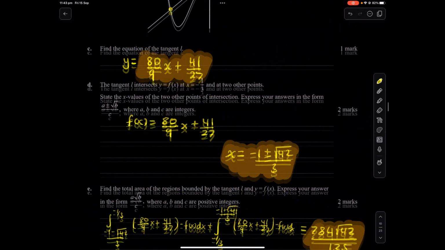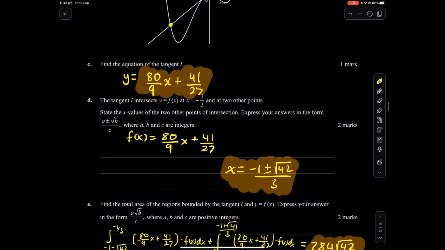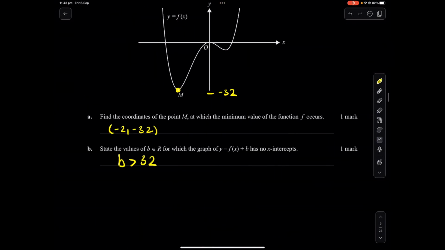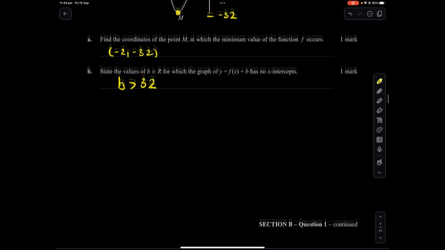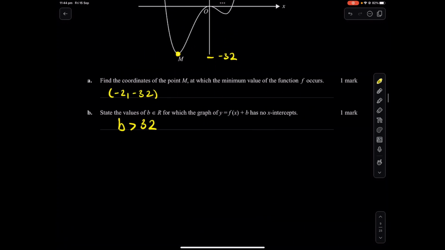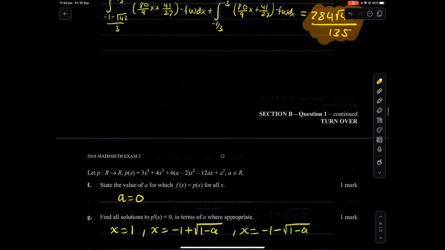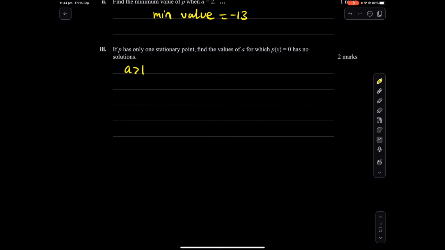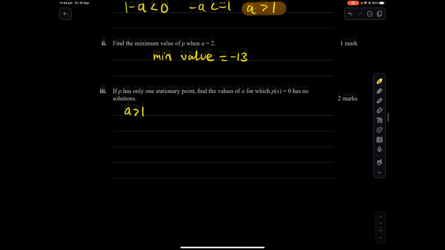Okay, if we go up, this was similar to one of these questions over here. Find the values for which it has no x-intercept. So find the values of a for which p of x has no solutions, so no actual intercepts.